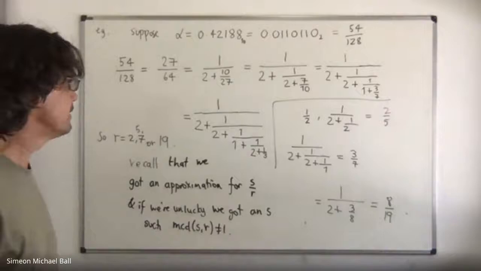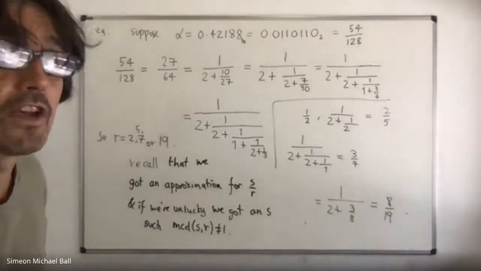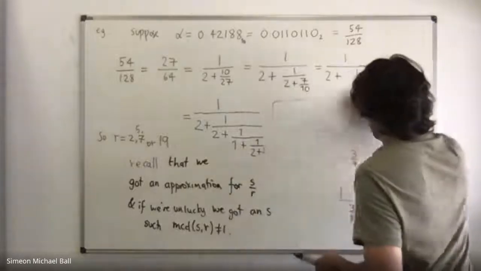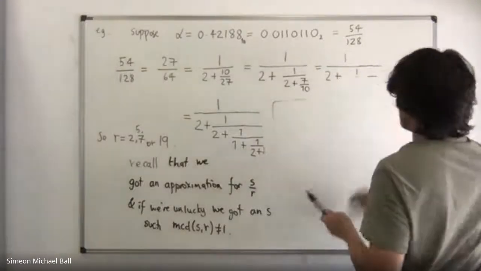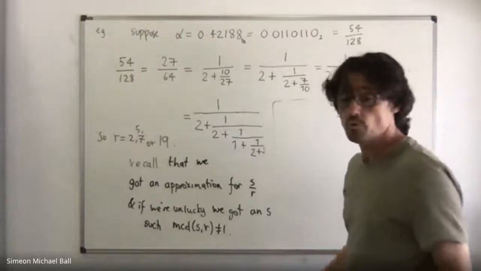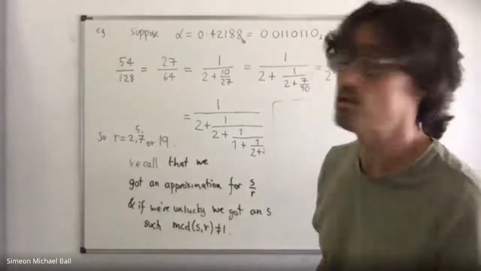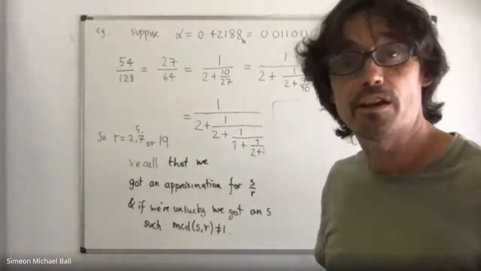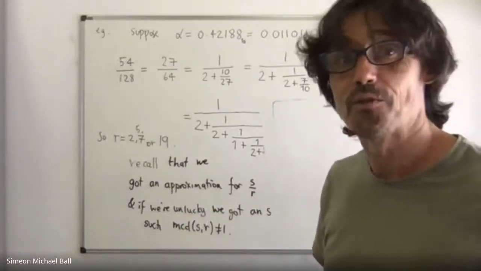So we have to rerun. The idea is you run it a number of times. You will know, of course, if it failed, because when you go through your list of possible R's and you calculate x to the R and you don't get 1, then you know something's gone wrong.